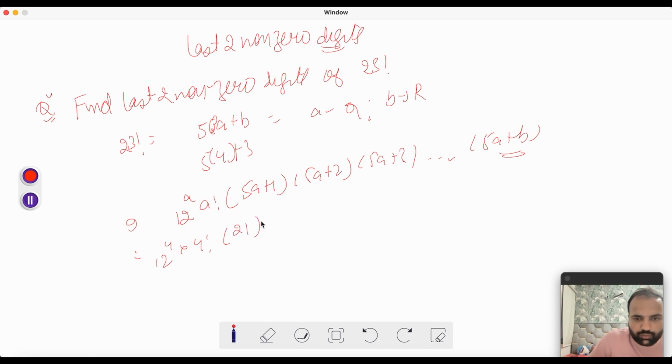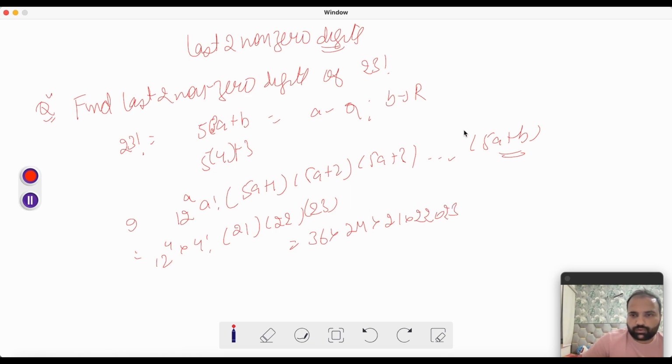So we have 12^4 × 4! × (5a + 1), which is 5 × 4 + 1 = 21, then 22, and then 23. 12^4 is 144 × 144, so you have 36 × 4! which is 24, into 21 into 22 into 23.